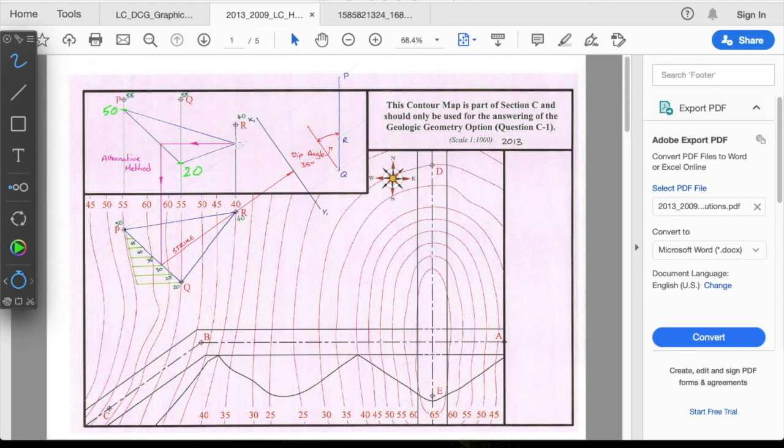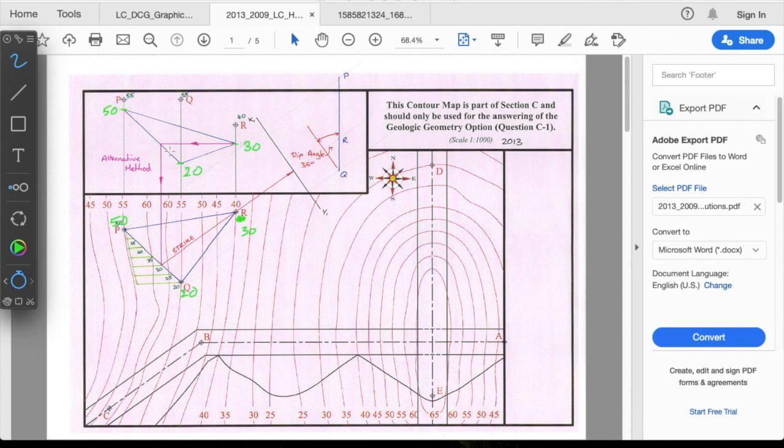Then 40 here comes down, and we had to drill down 10, so we're at 30. So in the plan, P is at 50, Q is at 20, and R is at 30. There's just a mistake in my solution here.